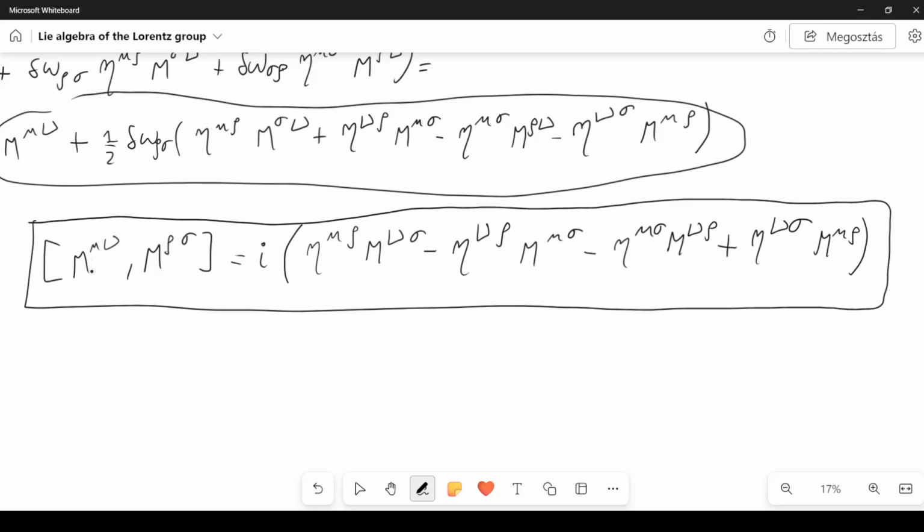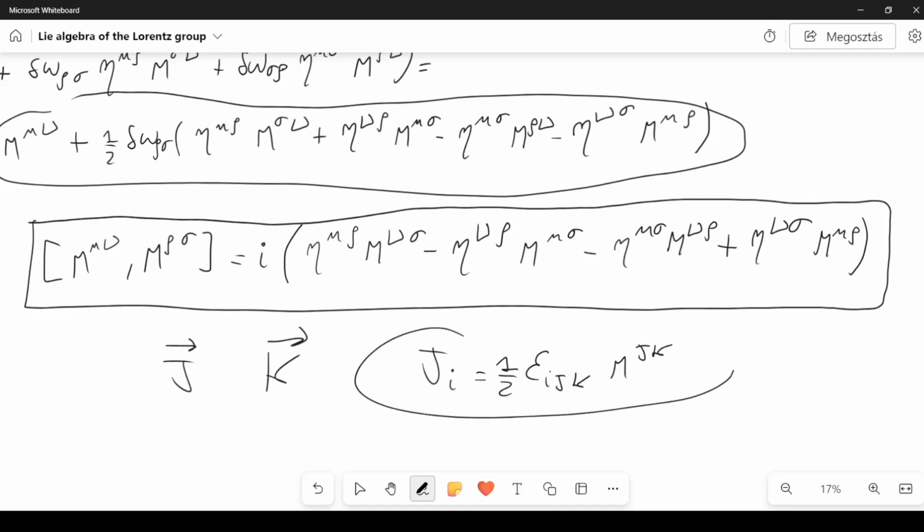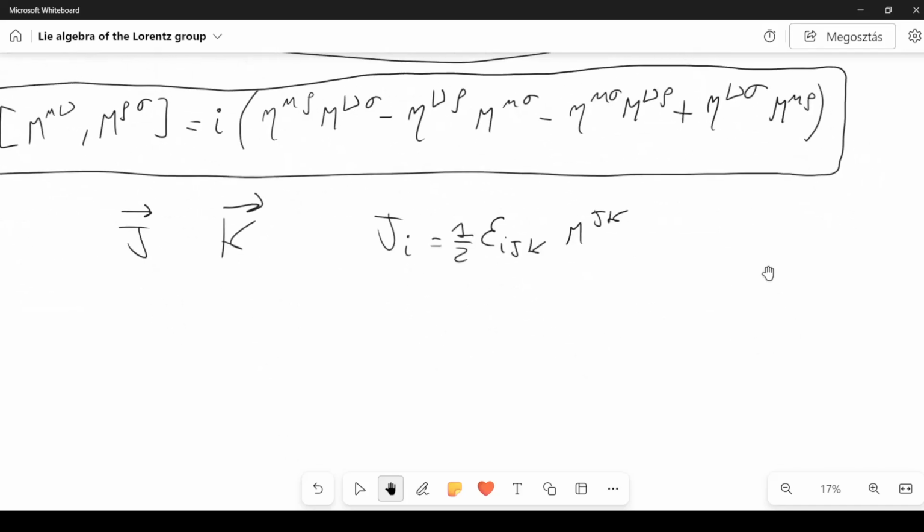It can be split further to show non-Lorentz invariant expressions of the commutator by defining the angular momentum operator J and the vector of boosts K. For example, J, let's write it in index notation. J_i would be something like this: 1/2 the Levi-Civita symbol epsilon ijk and M_jk. By using this definition, one can show, for example, that we have the usual commutation rule that one encounters in quantum mechanics.